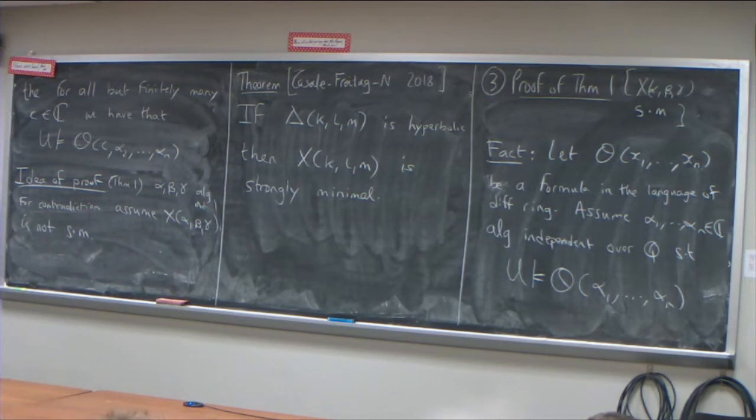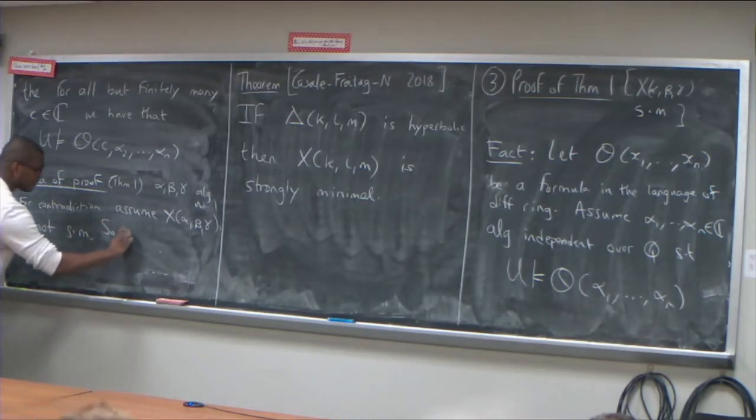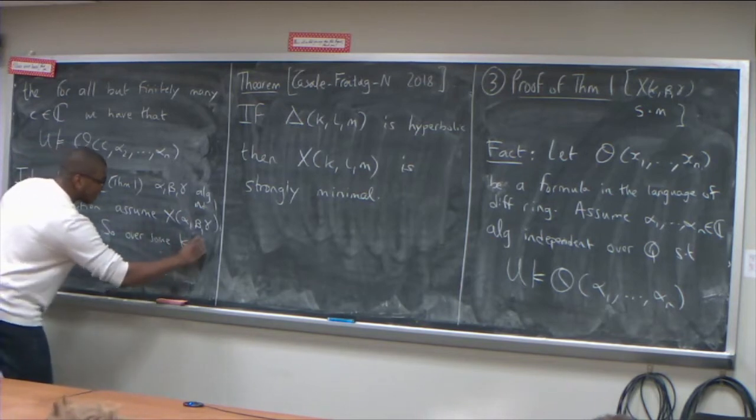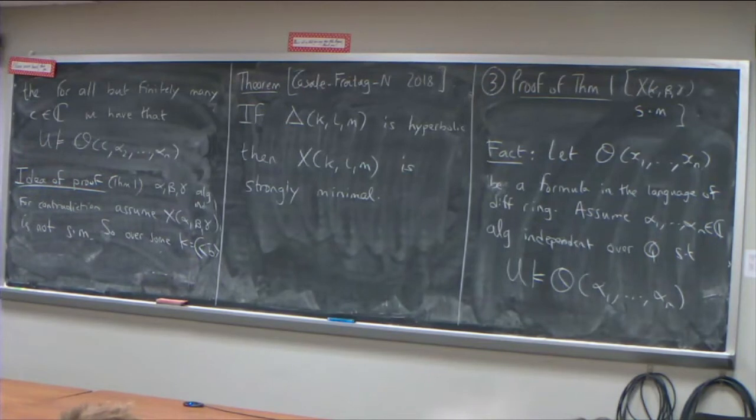And so by definition, that means that over some, let's say, k, some differential field extension of C, I must find an order 1 or 2 differential subvariety.